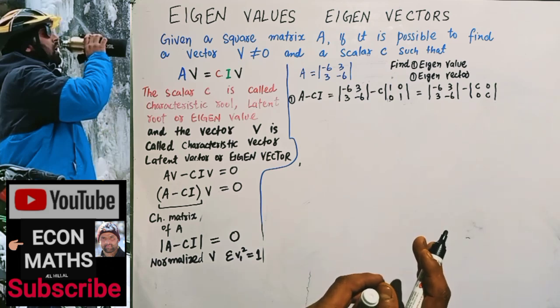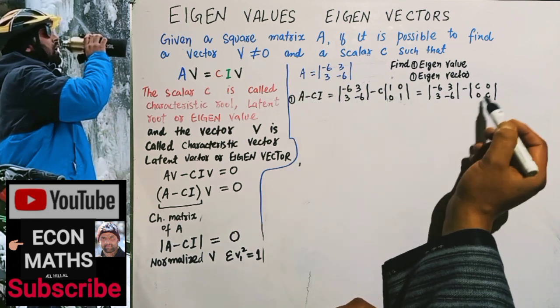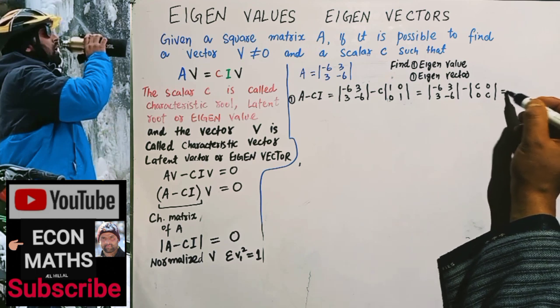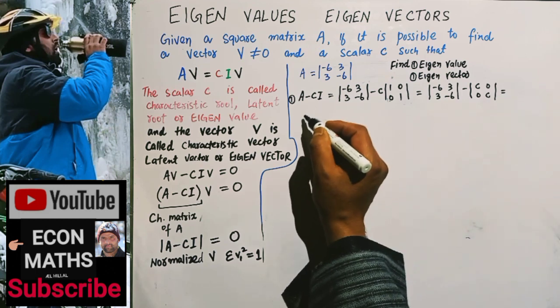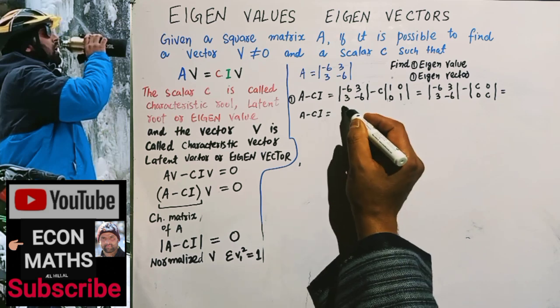Now to find the solution, we will set the determinant of this matrix to zero, but let us first solve it further.